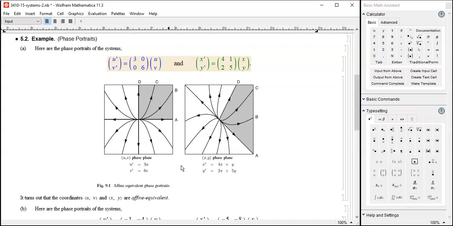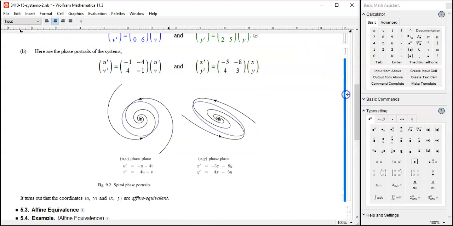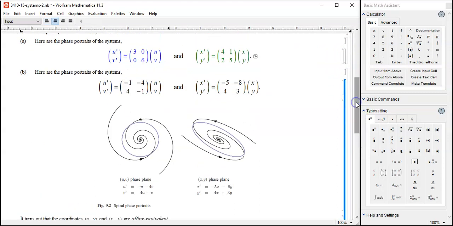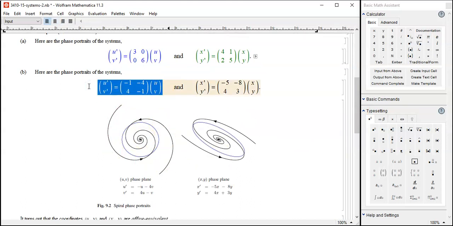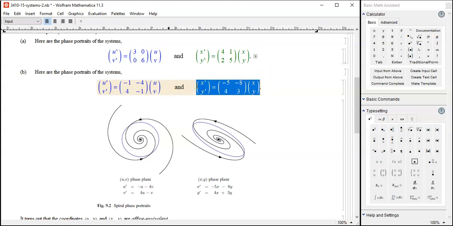It's a tall order, but in any case, we saw a couple of examples. Here are another couple of examples. The first one here is associated to the first system, which I'm highlighting in blue, and the second face portrait is associated to the second system, which I just highlighted in green.